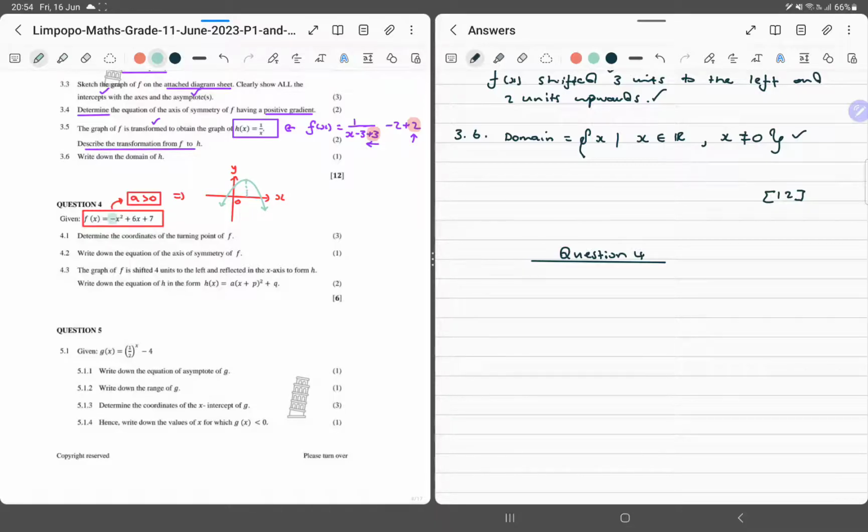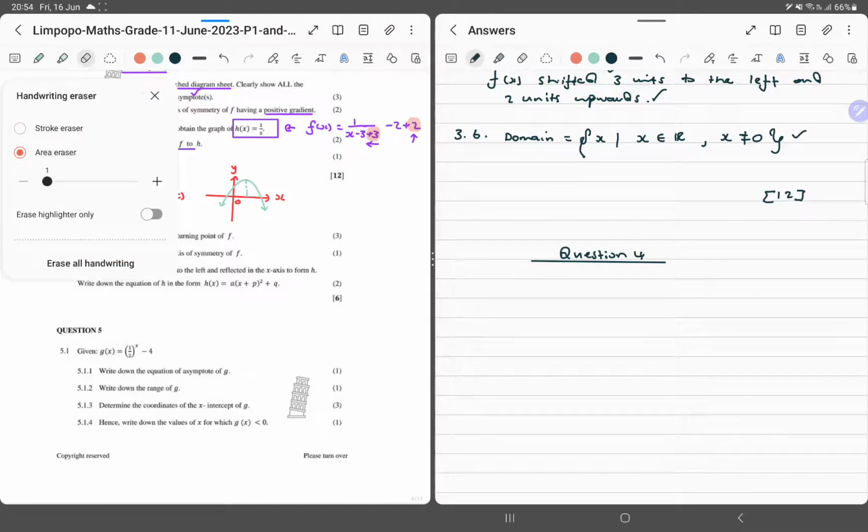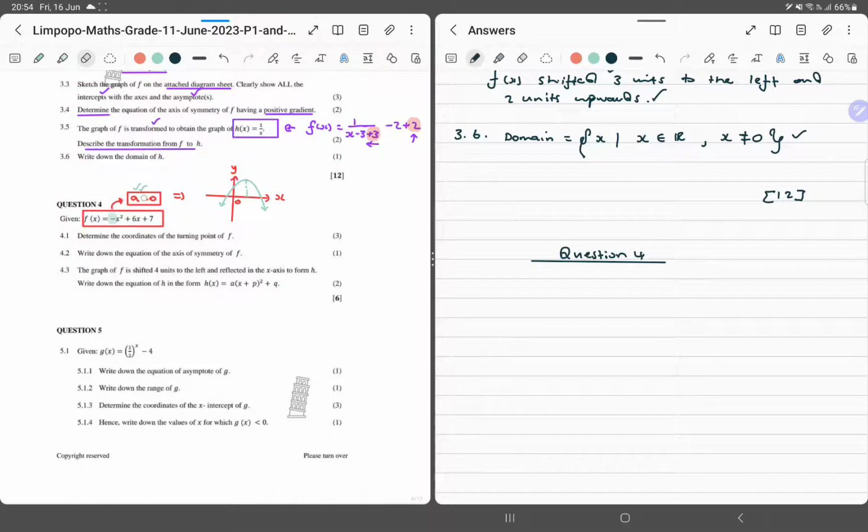And then, of course, the y-intercept is there at 7, which is positive. So this is the graph that we expect, a grumpy face, because of that a value that is less than 0. Actually, I made a mistake here. I can't write like this. That should be less than 0.